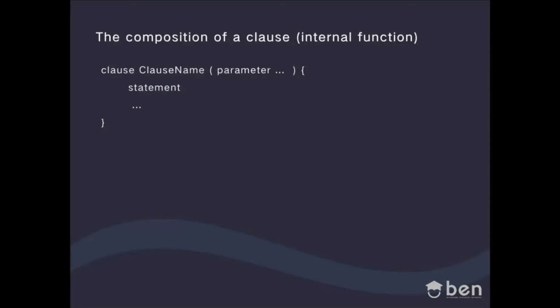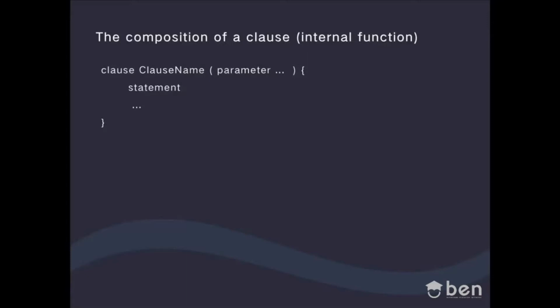Inside the brackets are the unlock parameters. And inside the braces, we have to put the statements of the clause. Every clause must include at least one statement. The statement uses verify to see if the condition is met.